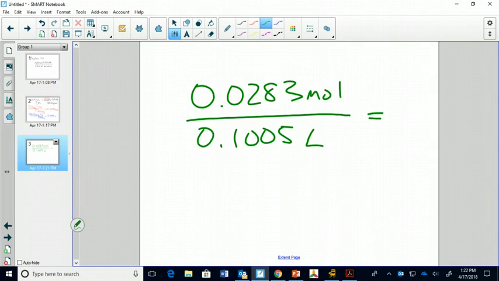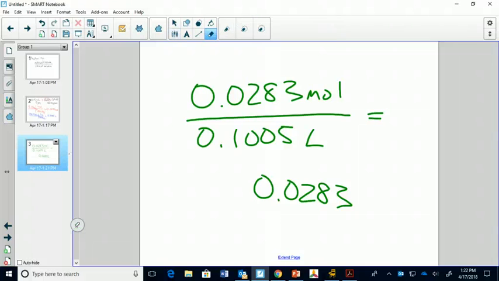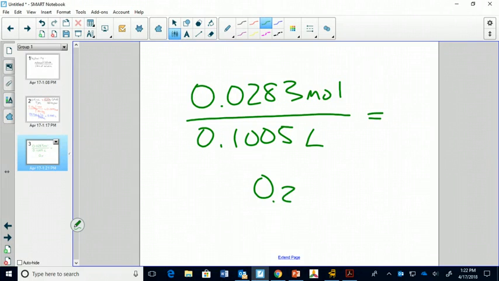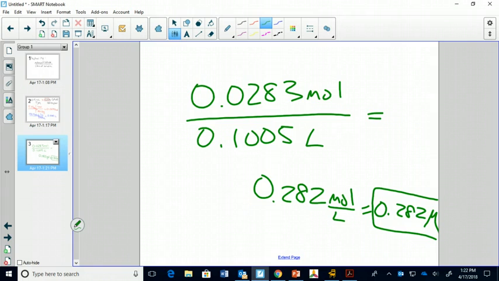And again, do my rounding piece, and I get, anybody? 0.283. Nope. Sorry, my apologies. 0.2, no zero there. 282. And the units would be moles over liters, right? But I can simplify that to say 0.282 big M, right? That molarity M.